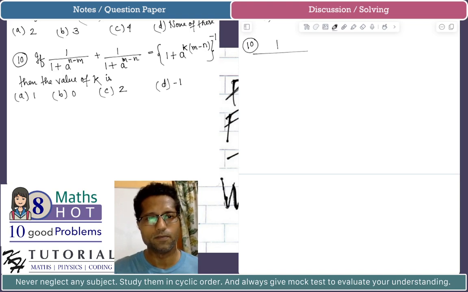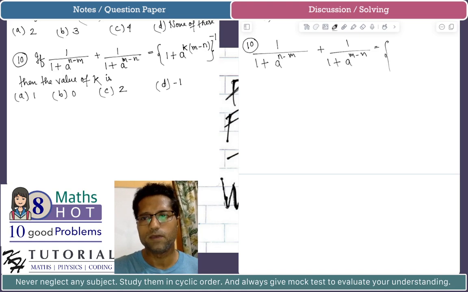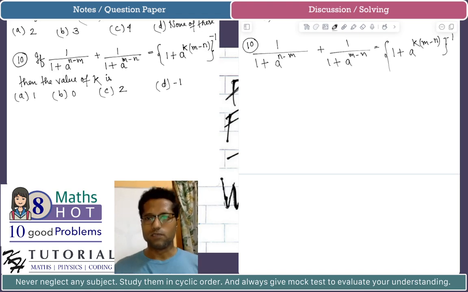It is given 1 by 1 plus a to the power n minus m, plus 1 by 1 plus a to the power m minus n, is equal to 1 plus a to the power k into m minus n, and this whole raised to the power minus 1. This equation is given, we have to find k.